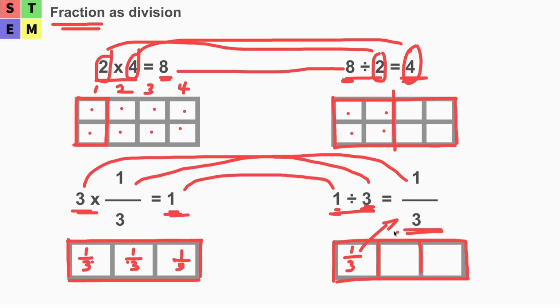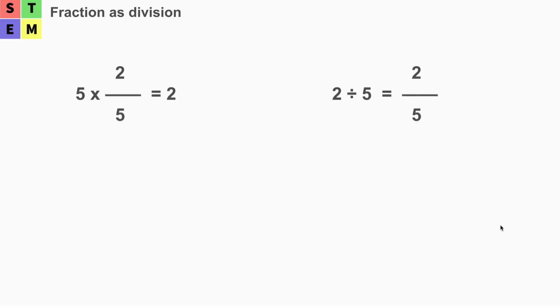In other words, we can simply see that 1 divided by 3 can be written as the fraction 1 over 3.